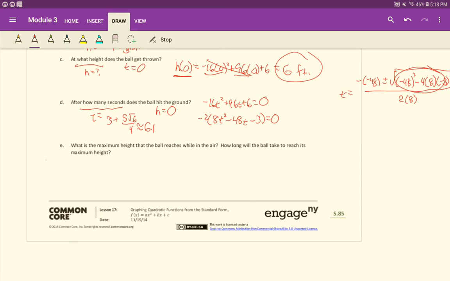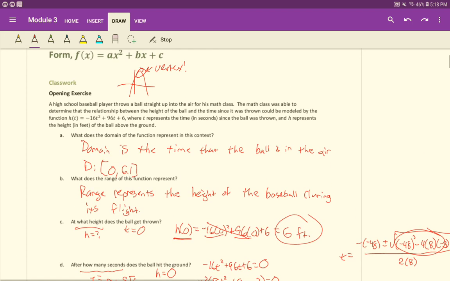To find the vertex in standard form, the x-coordinate of the vertex will always be located at x equals negative b over 2a, which you may recognize as the front part of the quadratic formula. Okay, negative b over 2a. So let's go back to our function here.